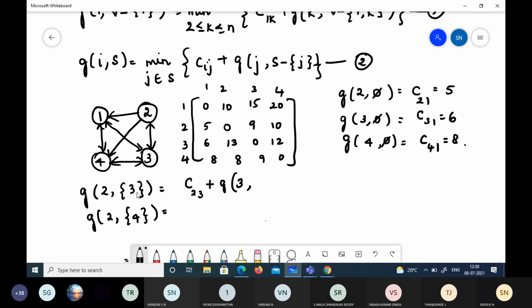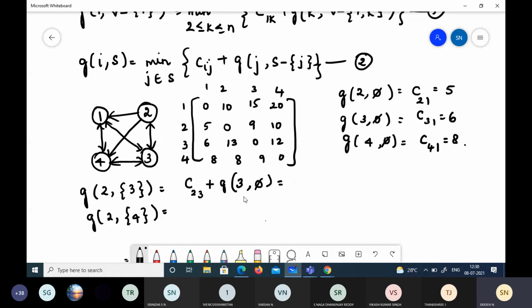It is 3, right? So what is 3 minus 3? This becomes 0. That is because j belongs to S and j is 3 here. In S also we have 3. So 3 minus 3 becomes the null set.